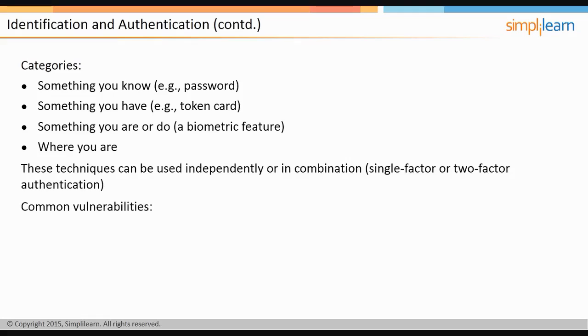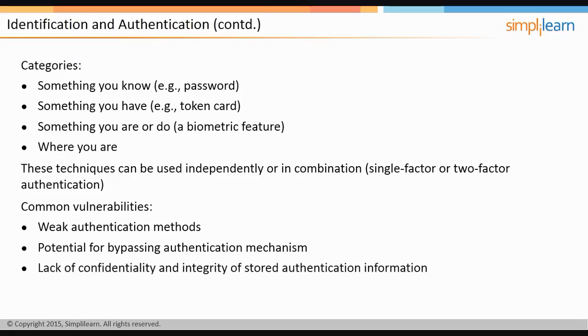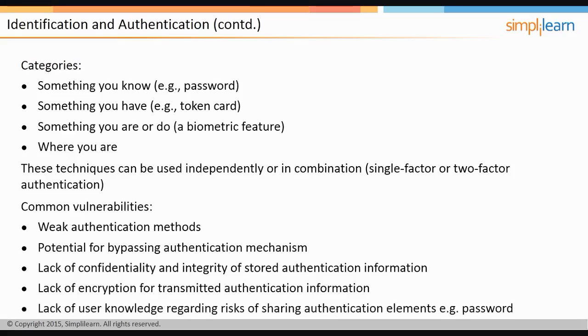Some of the common vulnerabilities expected are weak authentication methods, potential for bypassing the authentication mechanism, lack of confidentiality and integrity of stored authentication information, lack of encryption for transmitted authentication information, and lack of user knowledge regarding risks of sharing authentication elements, for example, passwords. In the next few screens, we will discuss identification and authentication, logon IDs, and passwords.